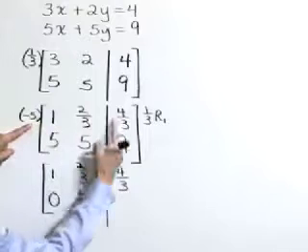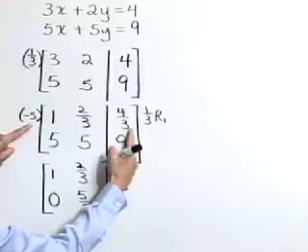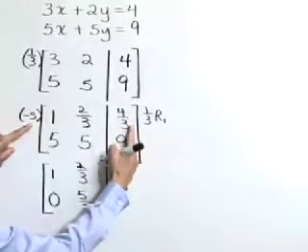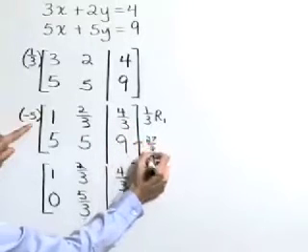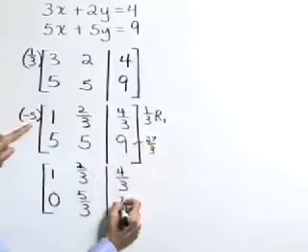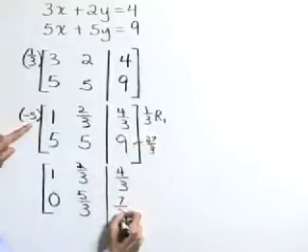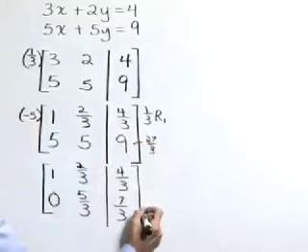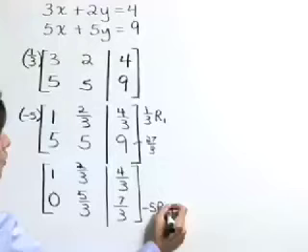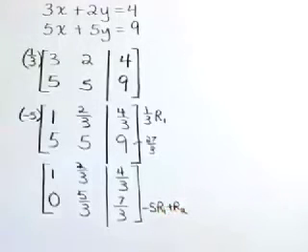Lastly, -5 times 4/3 is a -20/3. Think of that 9 as 27/3. That sums to 7/3. Just leaving a note then, this row is -5 times row 1 plus row 2.